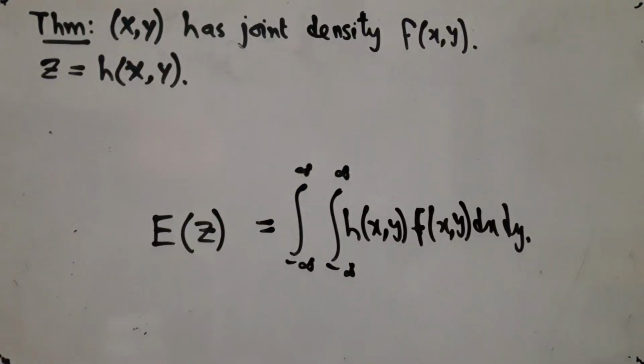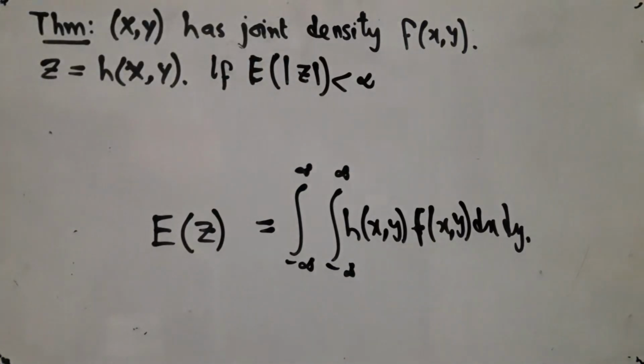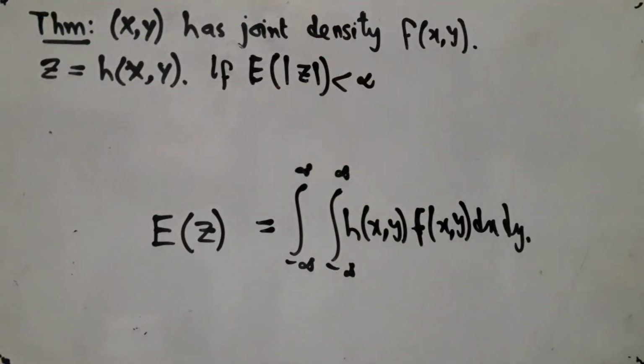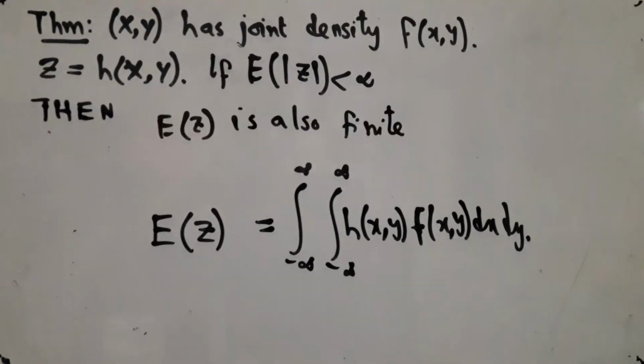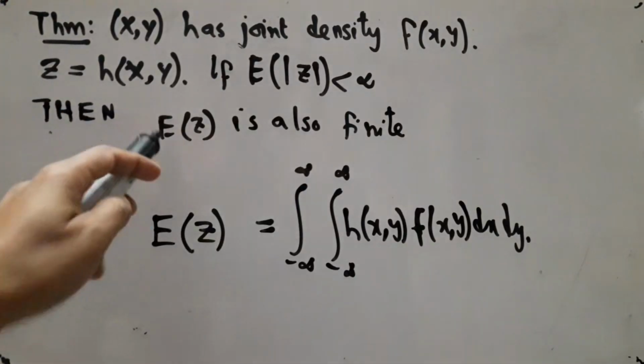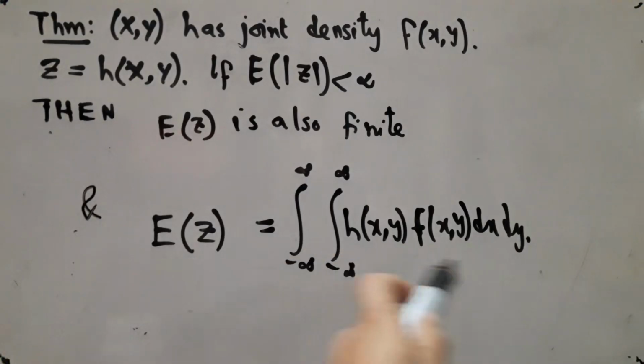And that condition is if the absolute value of z has finite expectation. The absolute value of z is non-negative, so its expectation must always exist. It could be finite or it could be infinite. Now, if it is finite, then the expectation of z is also finite. It could be negative, but it is finite, and we have this thing.